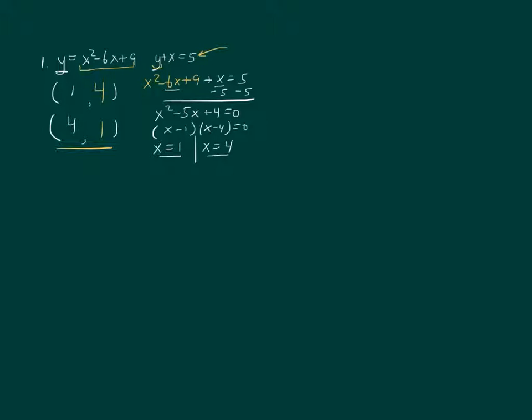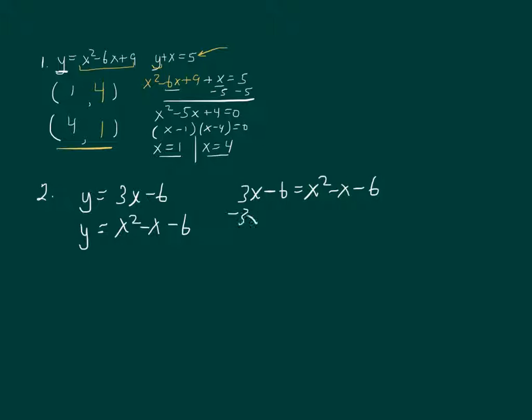So number 2 is asking another system of equations. What I'll do is, it's only asking for the x coordinates. So in this case, they're both solved for y, so we can set them equal to each other. In our case, we get 3x minus 6 equals x squared minus x minus 6.